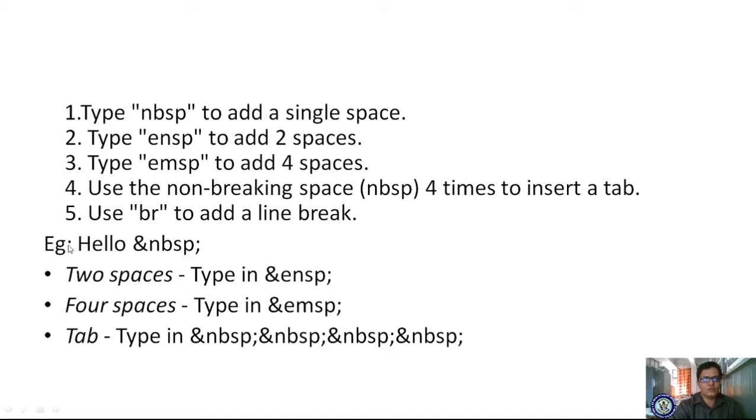Got it? If you want to insert a line break, you use the break tag. So, for two spaces, ampersand ENSP is used. For four spaces, ampersand EMSP is used. For a tab, you can use four NBSP or EMSP.